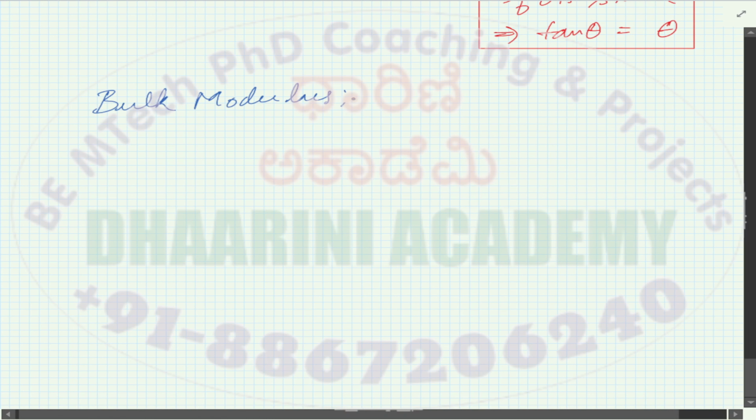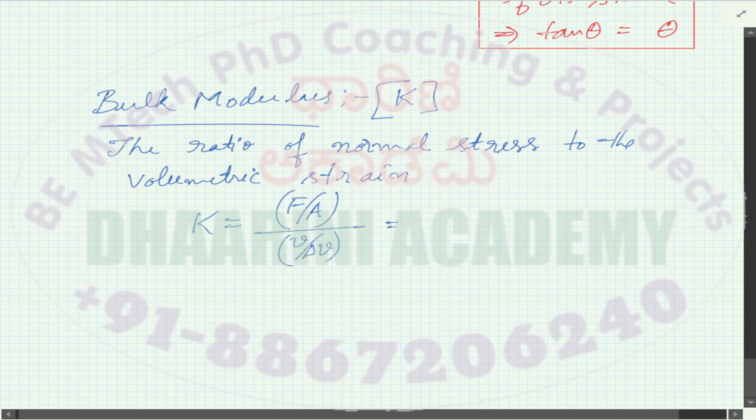So K can also have a similar notation. This is force per area divided by delta V by V. V by delta V has the same unit, so you still have the unit for this as Newton per meter square.